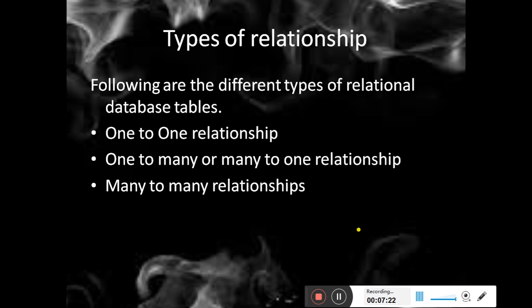These are three types of relationship which we can create in a database between tables. We will see them one by one.